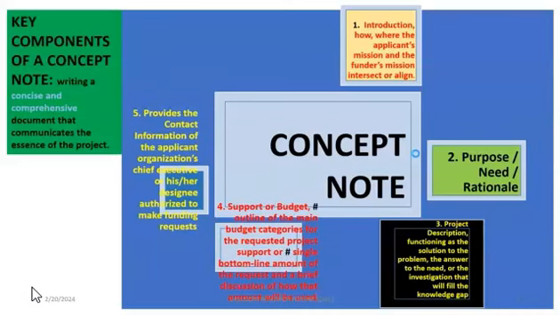A concept note also provides the contact information at the end of it. You should write your own information, how you will be reached after everything, if they're going to contact you.